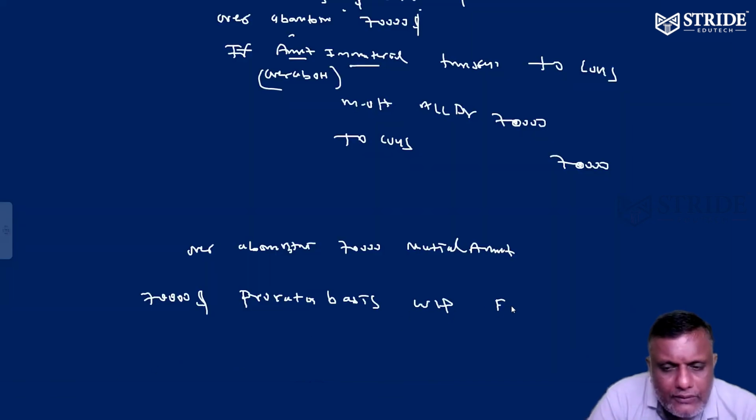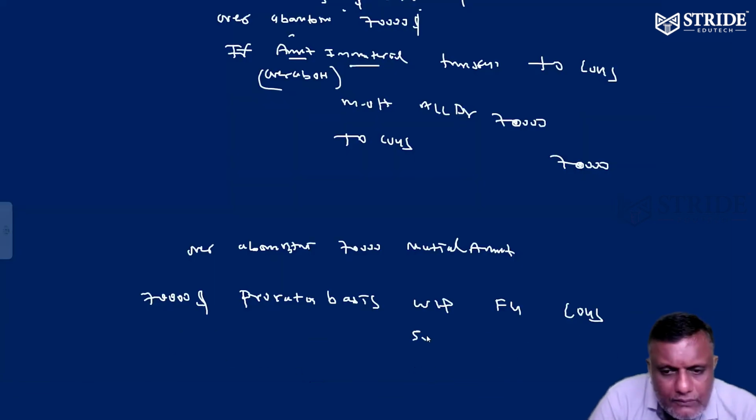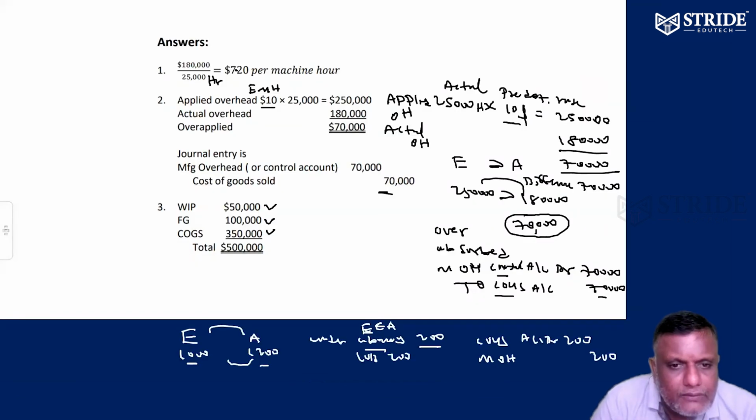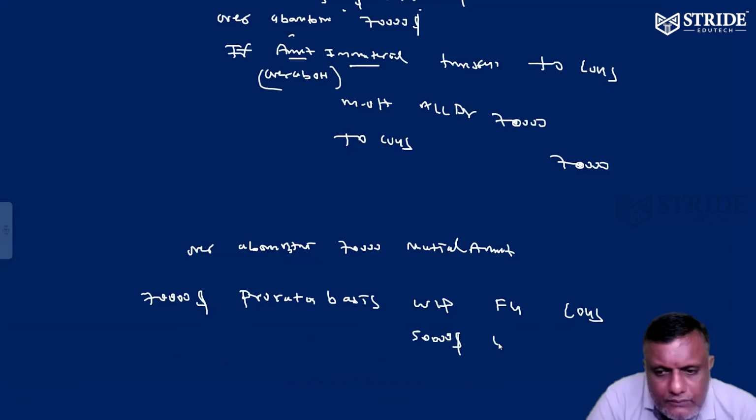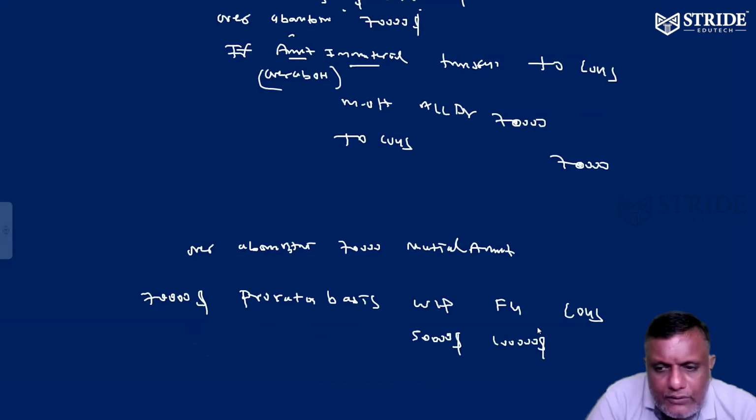WIP $50,000, FG $100,000, COGS $350,000.